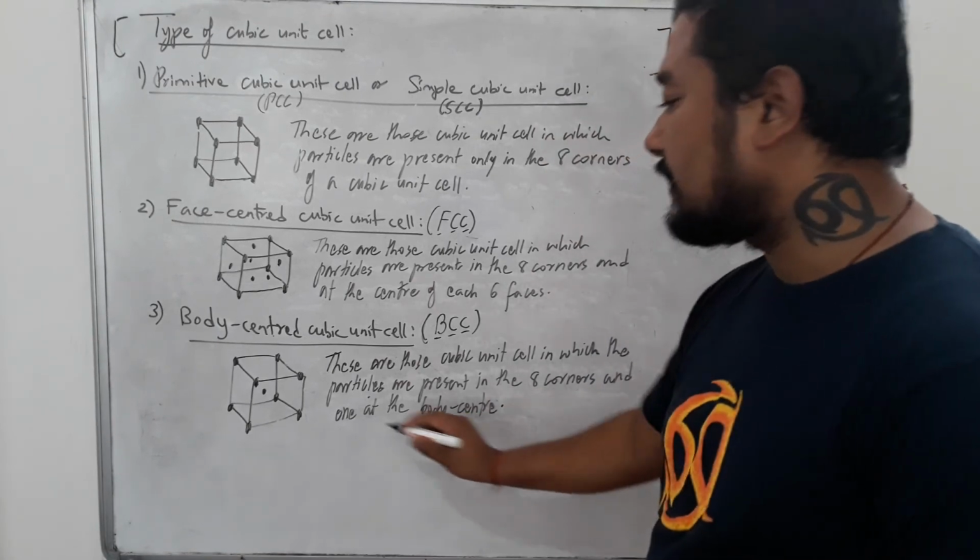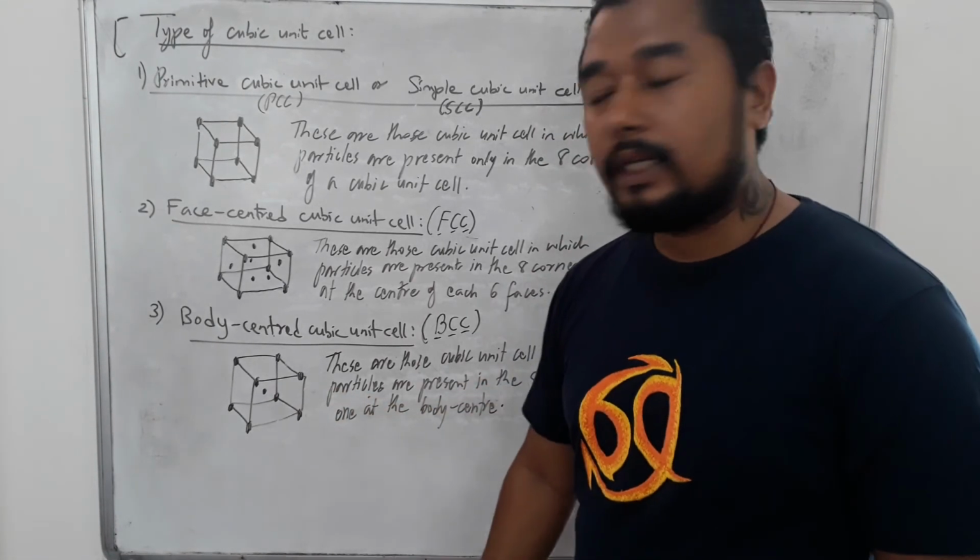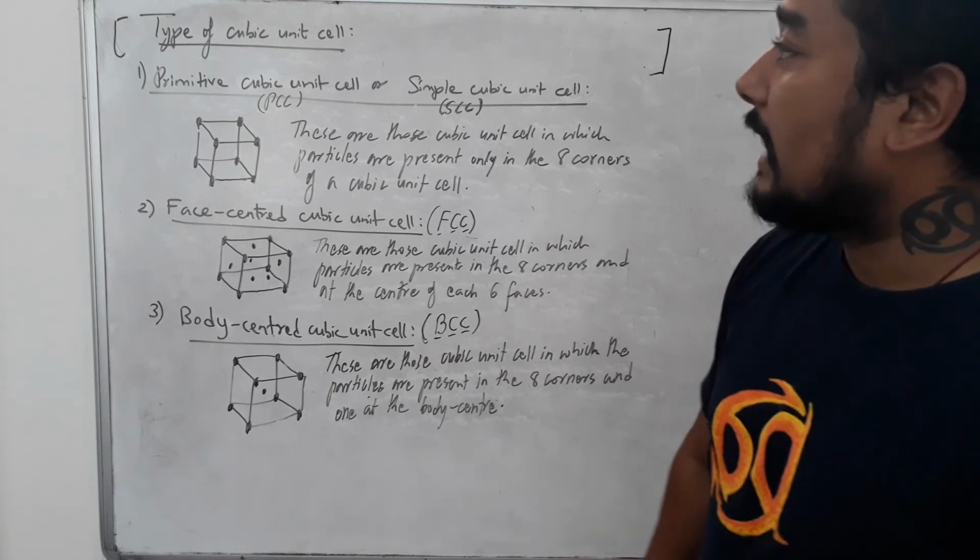And do remember, body center means in the middle of the room. Okay. So this is all about types of cubic unit cell.